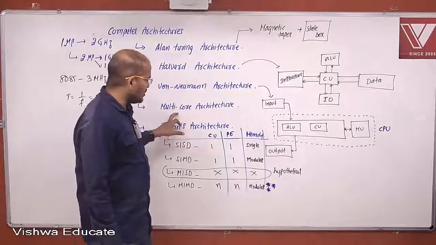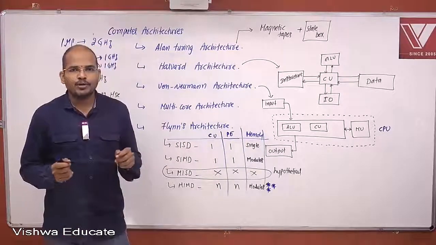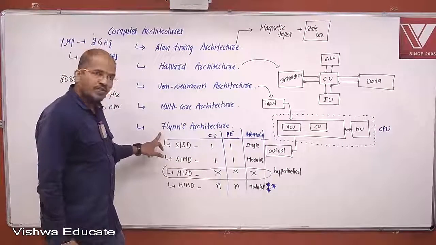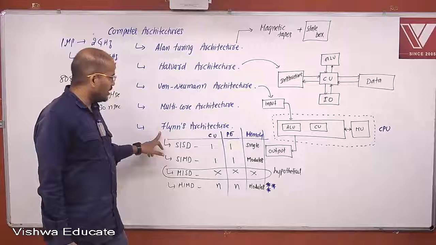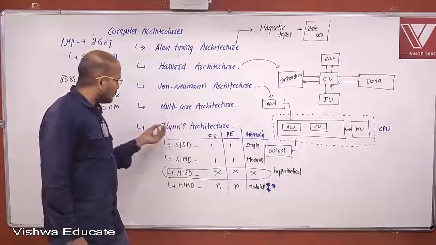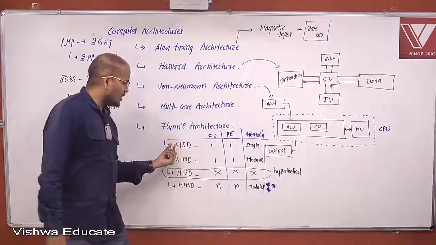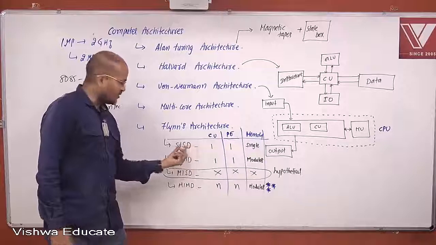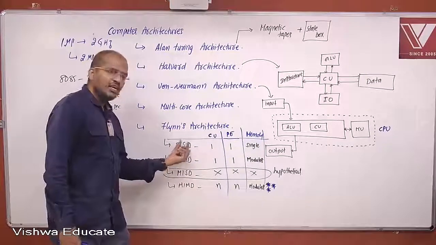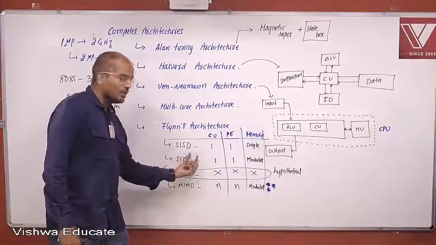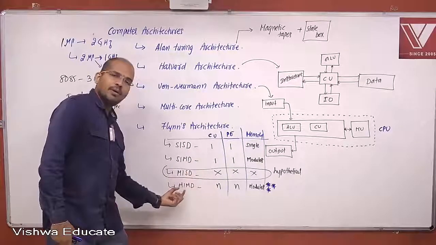And apart from this, to work with parallel computing, we need to think about Flynn's architecture. This Flynn's architecture deals with instruction and data modules. So we have SISD, single instruction, single data; SIMD, single instruction, multiple data machines; MISD and MIMD.